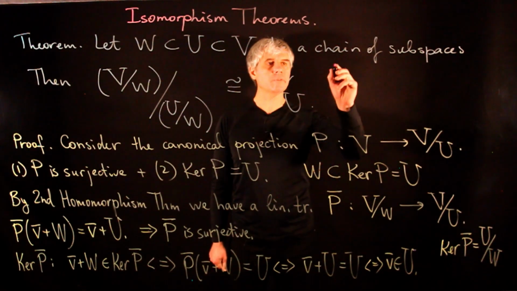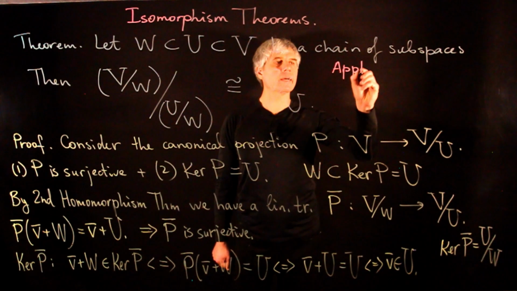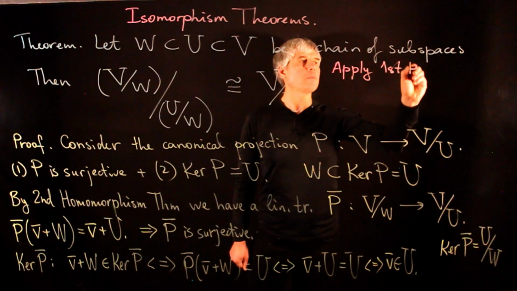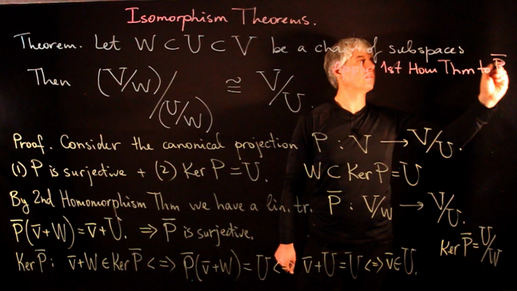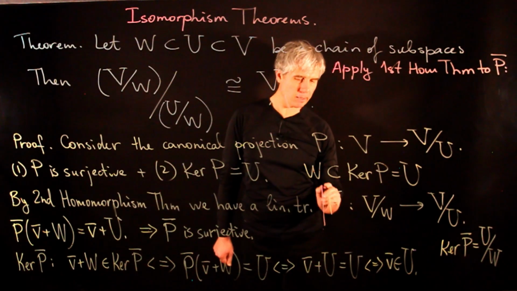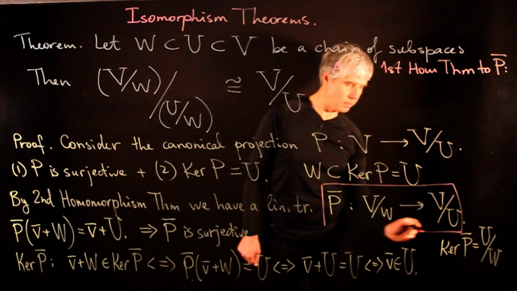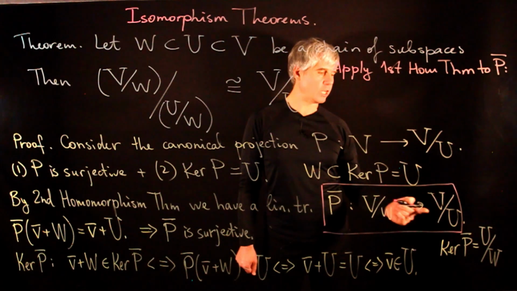And now all we have to do is apply the first homomorphism theorem to P bar. The map P bar is defined between these spaces, and it is surjective.